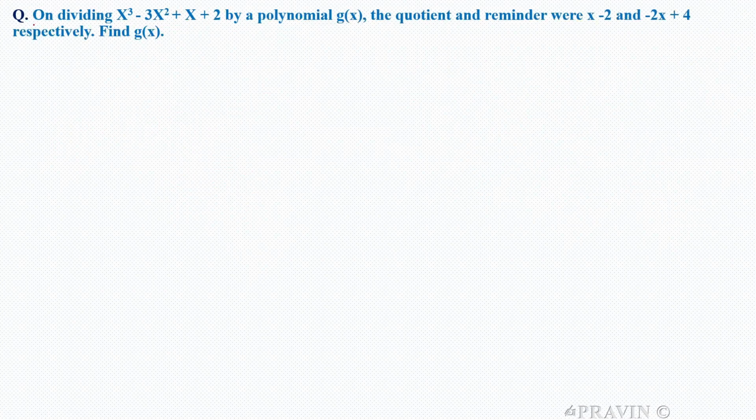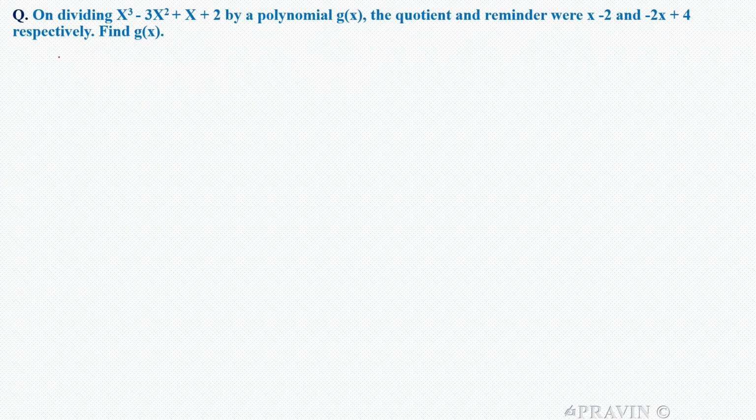Let us take another example. On dividing x cube minus 3x square plus x plus 2 by a polynomial gx, the quotient and remainder were x minus 2 and minus 2x plus 4 respectively. Find gx.